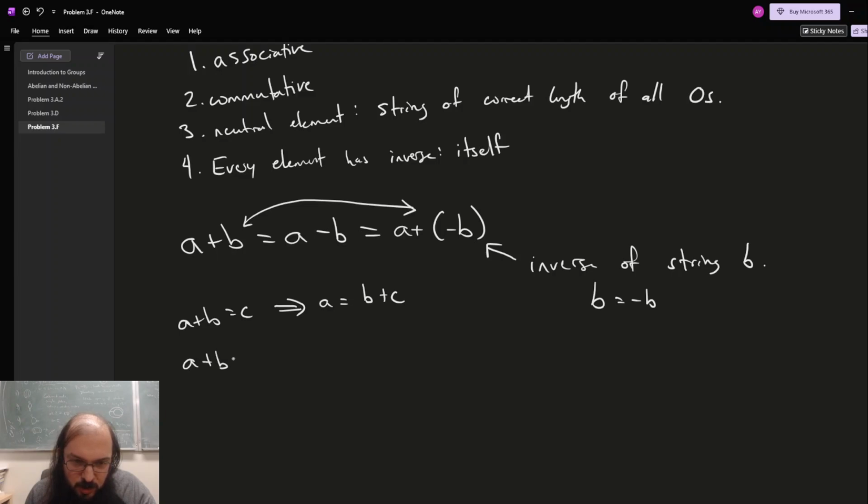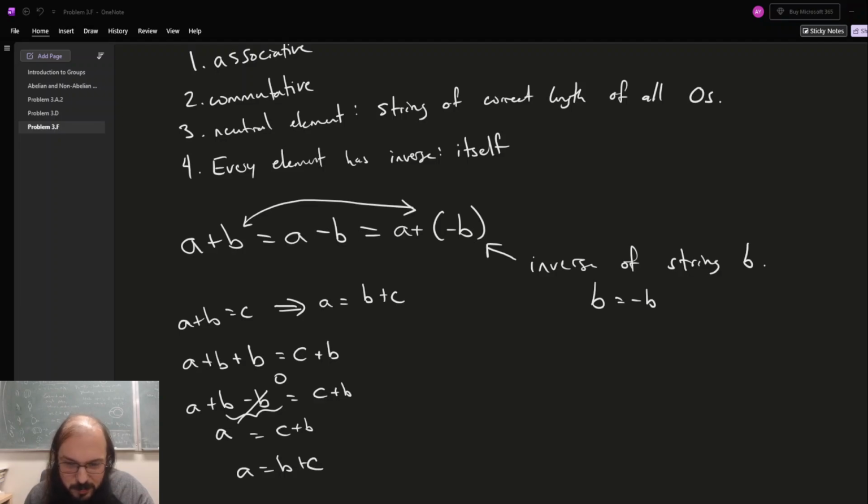If I take this equation and then I subtract B from both sides, I add in B itself. Maybe that's a better way of saying it. That is the same thing as subtracting because B is its own inverse. So these cancel, giving the identity element, we could call it 0. And then we said this is also a commutative operation. It's addition mod 2. So A is equal to B plus C. Aren't computers fun?